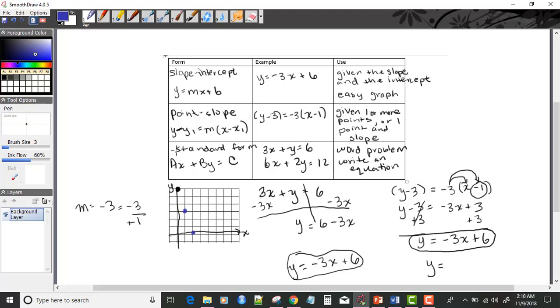And then I can connect those points, which is not going to look pretty. As close as I can. You can draw a better line than that. And that's the graph of the line y equals negative 3x plus 6, or in any of these forms.